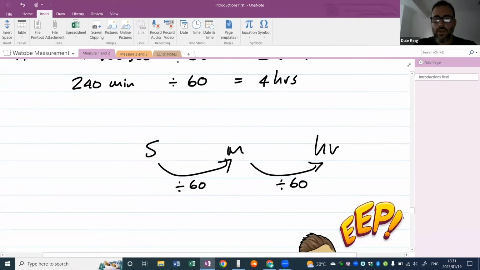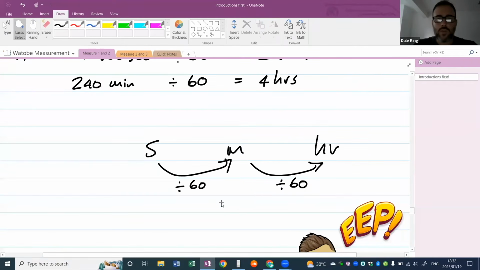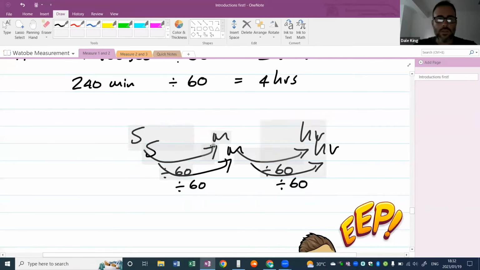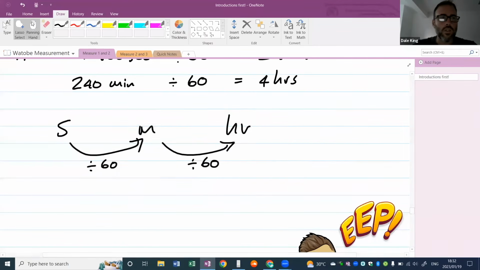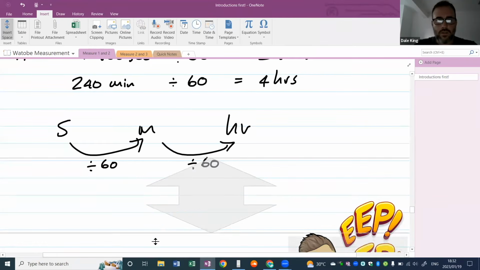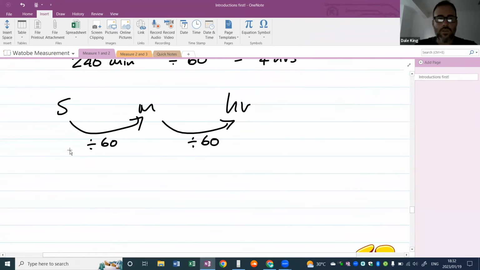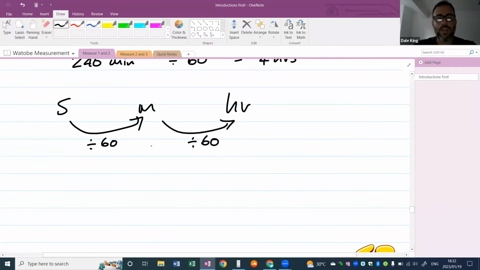Did you know that you can hit this all at once? Let me just move this up a little bit and create some more space here. You can deal with this whole thing in one calculation. It's acceptable to do it like this because if you divide something by 60 and then divide it by 60 again, what is 60 times 60?